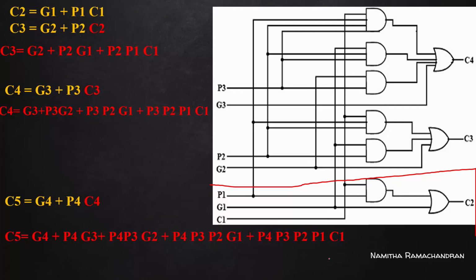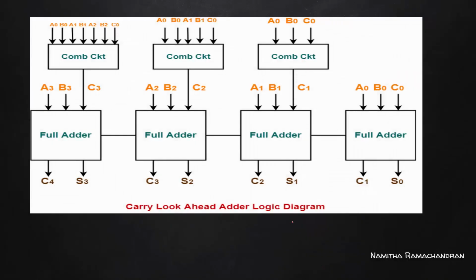Okay, so this is a block diagram representation, a logic diagram representation of our previous circuit. So the first full adder, here all these inputs are instantly available, C0, B0, A0. Based on that it generates the sum S0 and C1. And for full adder 2, it uses a combinational circuit.